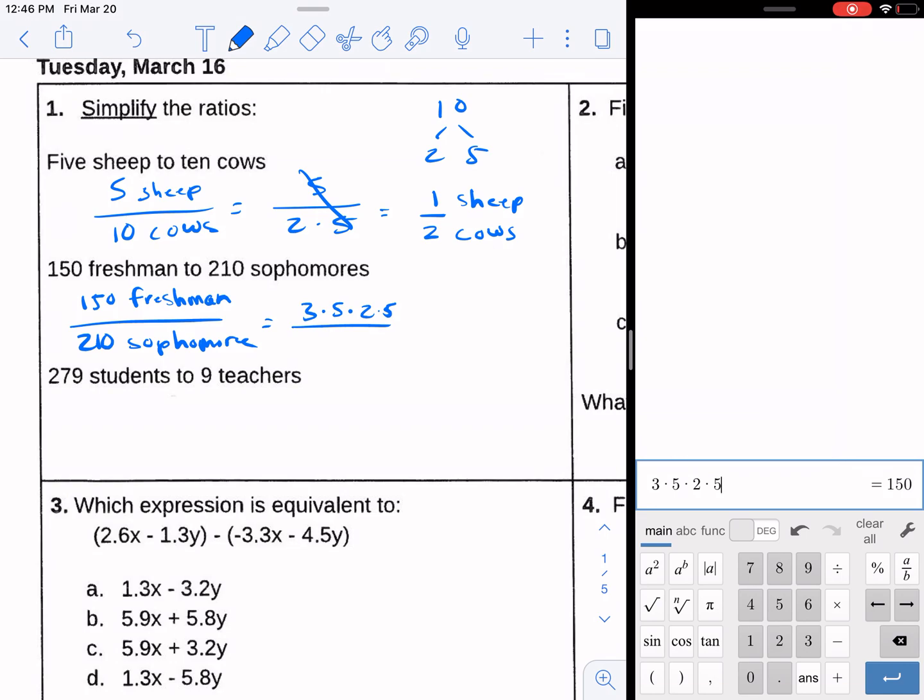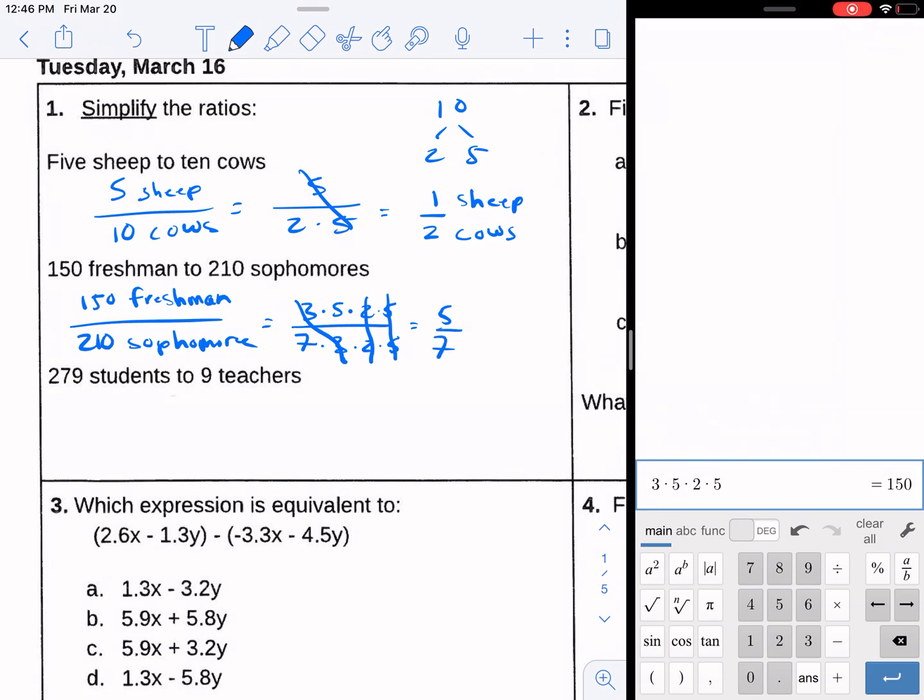And then in similar fashion, 210, well, that is 7 times 30. And 30 is 3 times 10. And 10 is 2 times 5. All right, make ones with the 5s, with the 2s, with the 3s, and we are left with 5 to 7.